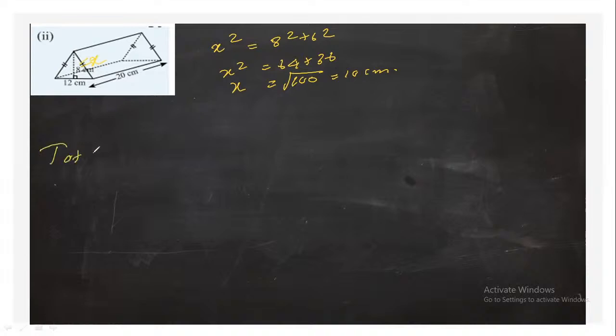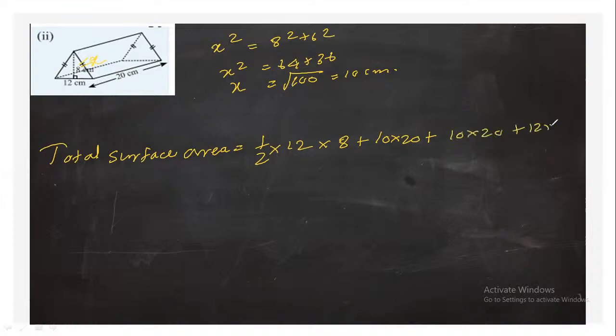Total surface area equals half into base is here 12 into height is here 8, plus here to here is 10 centimeter, 10 into 20, plus 10 into 20, plus 12 into 20 square centimeter, right?